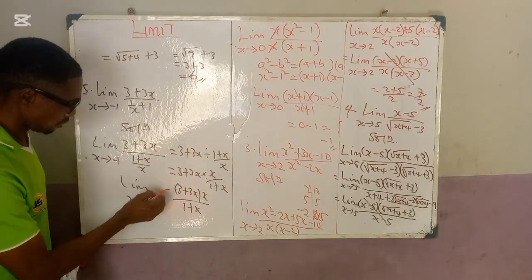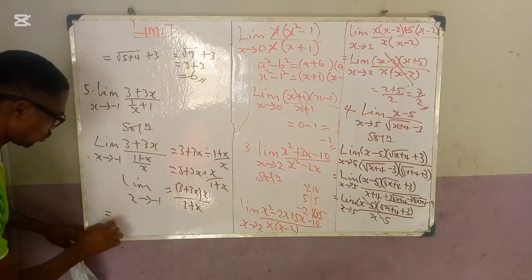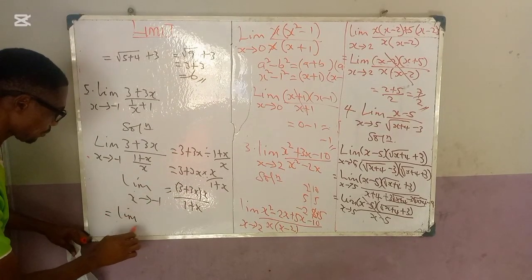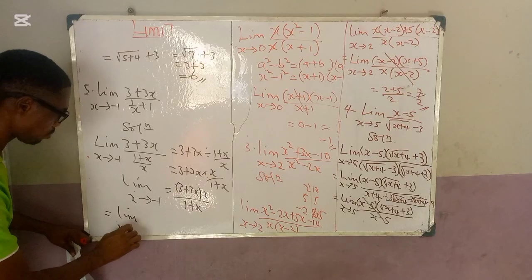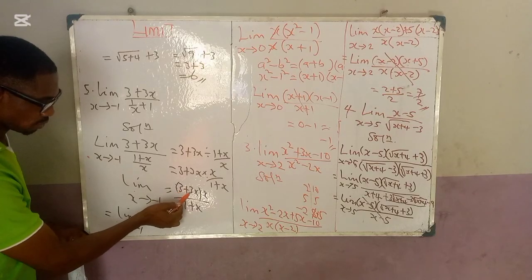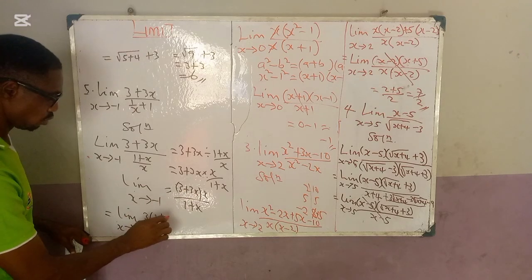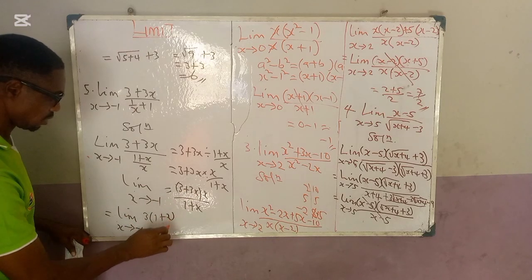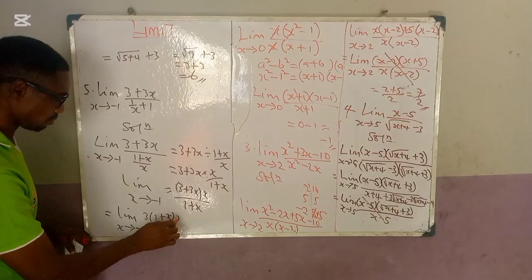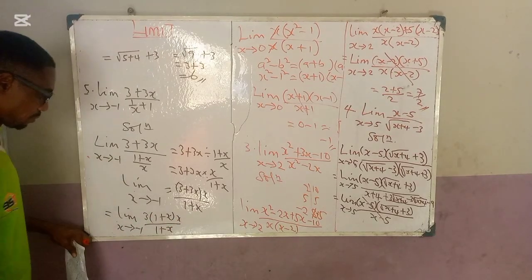Again, you can factor this out. Equal to limit as x approaches minus 1. I can factor 3 plus 3x, bring it out here, it becomes 3 times (1 plus x), then this (x plus 1) behind over 1 minus x.